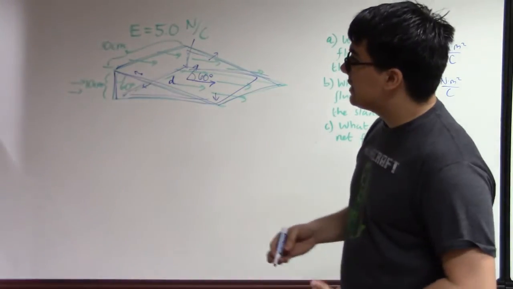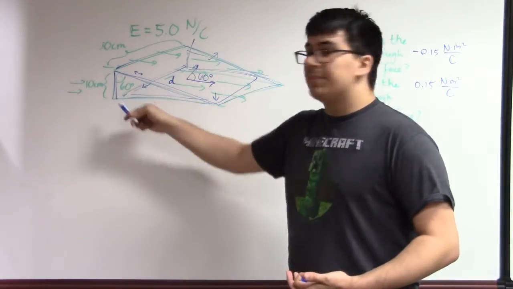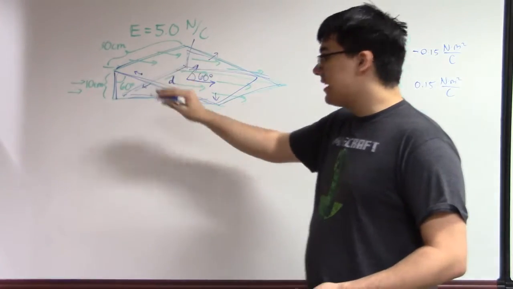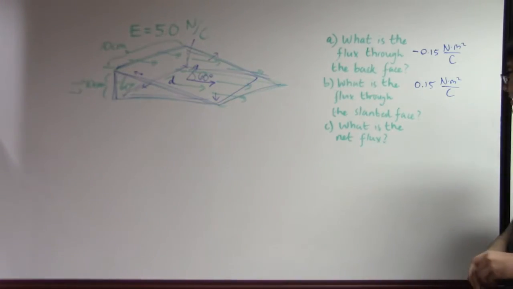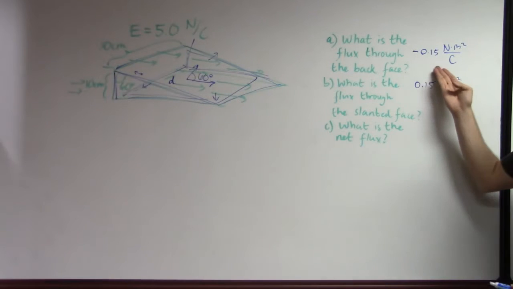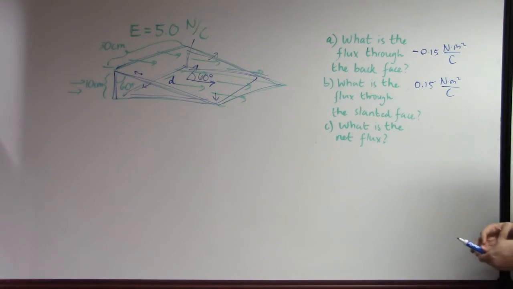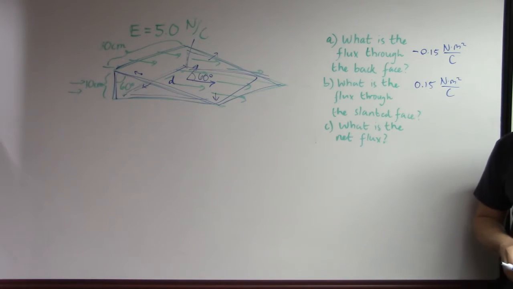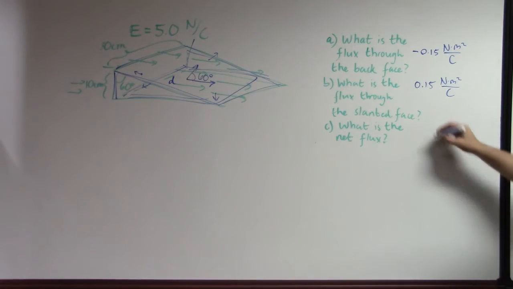So in that sense, we just add the flux through the back face and through the front face. And this is quite nice because since it's negative 0.15 Newton meters squared per coulomb and 0.15 Newton meters squared per coulomb, the total sum is just going to be 0.